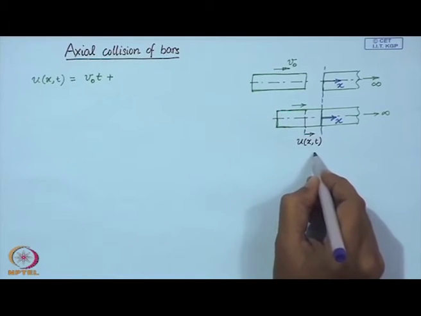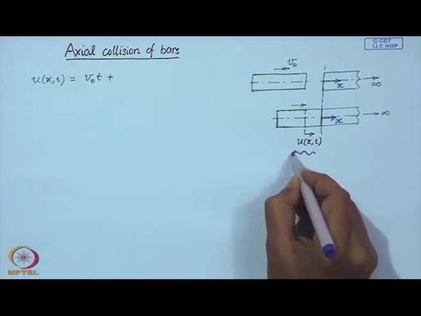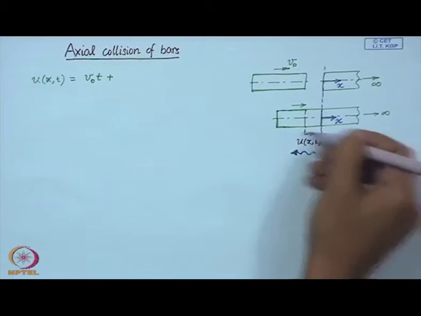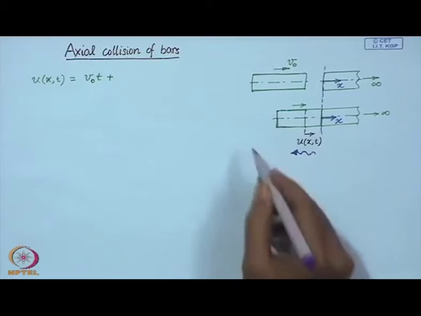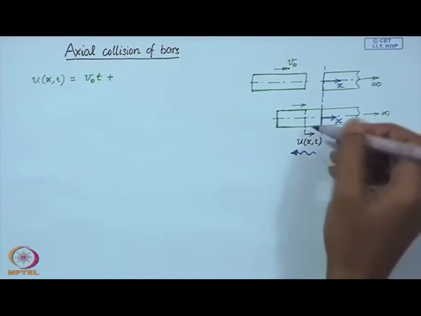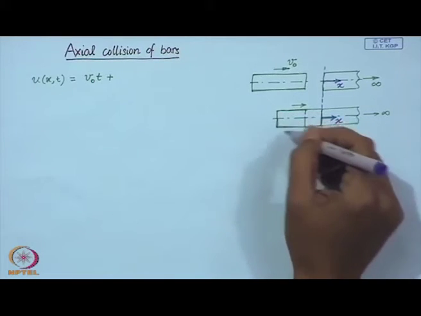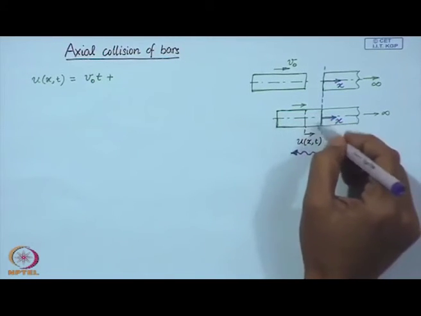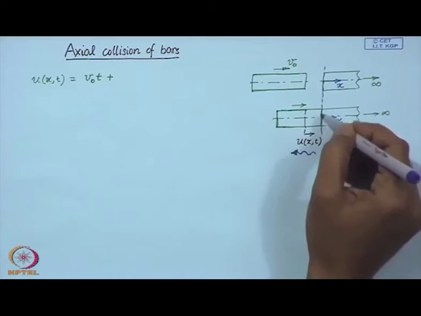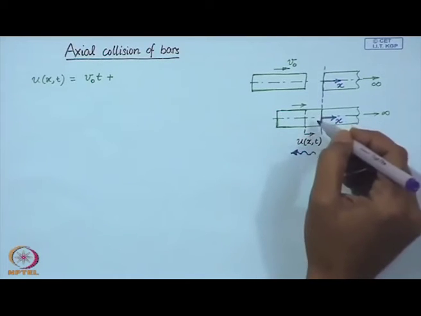So, there is a propagating wave in the negative x direction, which carries the information that this face has hit an obstacle.